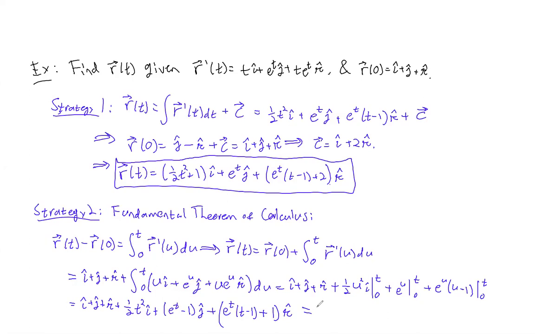And you add everything together, what do you get? You get 1/2 t squared plus 1 i plus e to the t j, the negative 1 and the 1 with the j cancel out, plus e to the t minus 1 plus 2 k. Okay, that's the same exact thing that we got before, same exact answer.